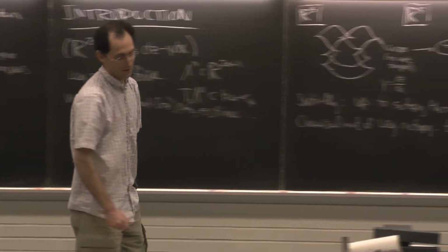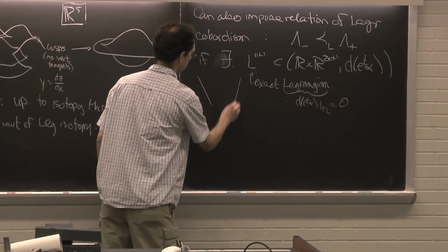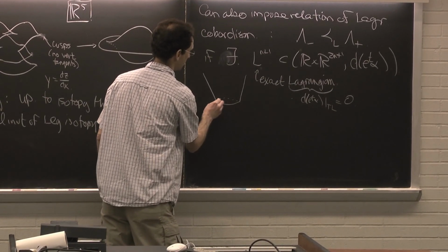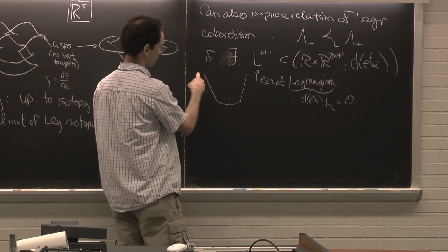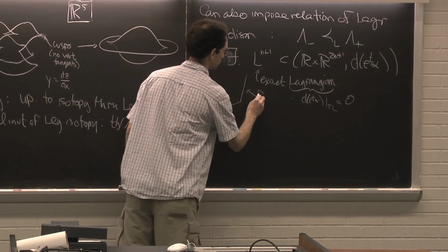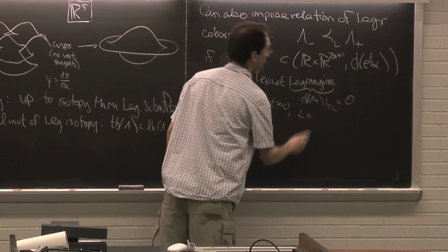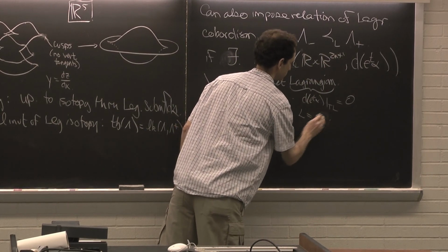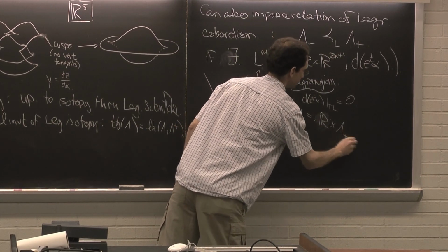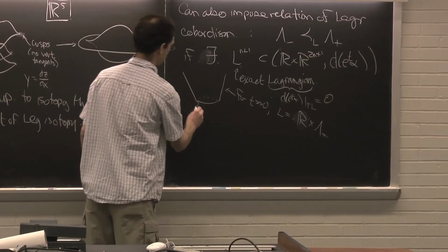rest of the talk. Okay, so we need this Lagrangian in the symplectization, and the condition that we need is that for some very positive t's, say we have that our Lagrangian is just equal to the top Legendrian cross R, and then something happens.